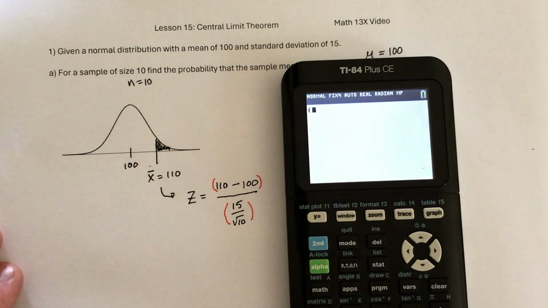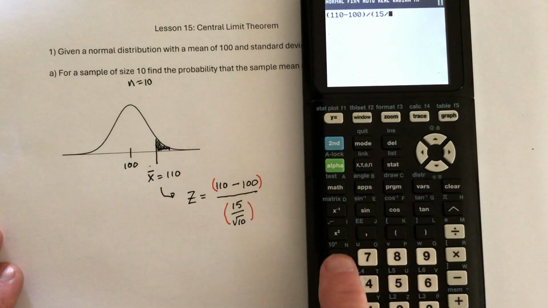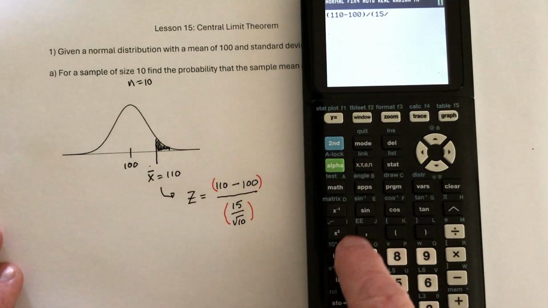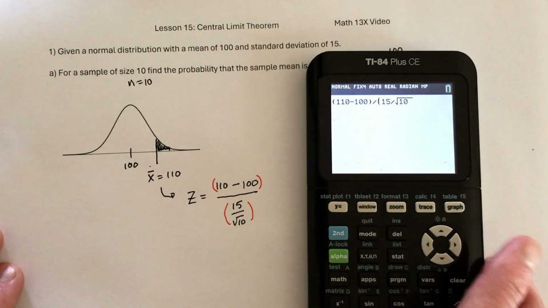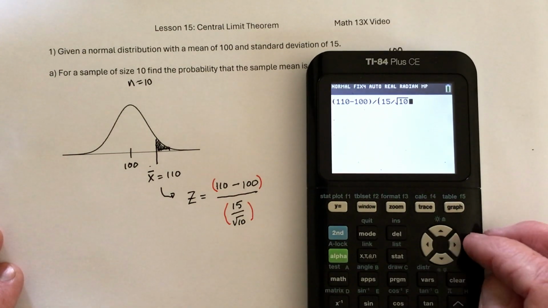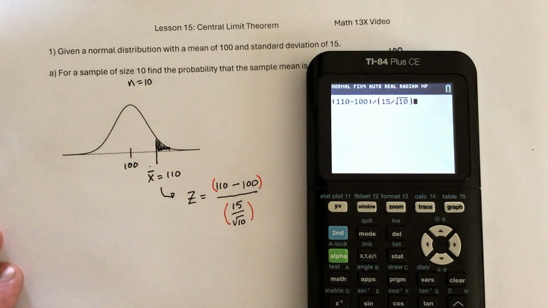So paren, 110 minus 100, other parenthesis, divided by another parenthesis, 15 divided by, and then don't forget square root is over here, second square root of 10. And then go to the right to stop the square root and then put the last paren.